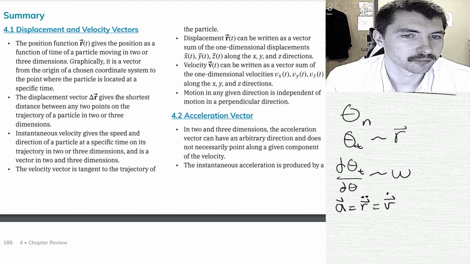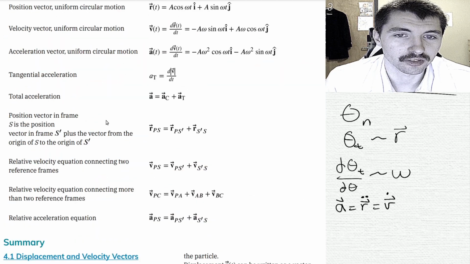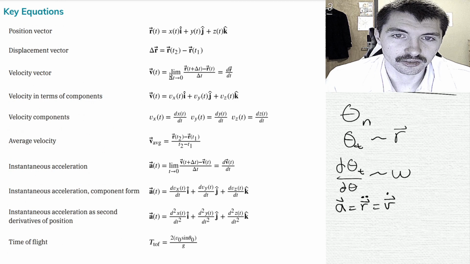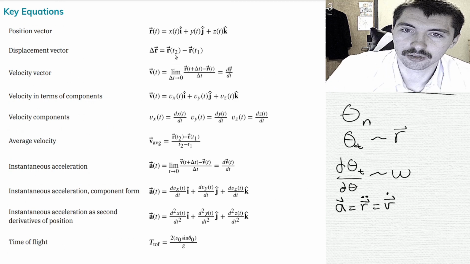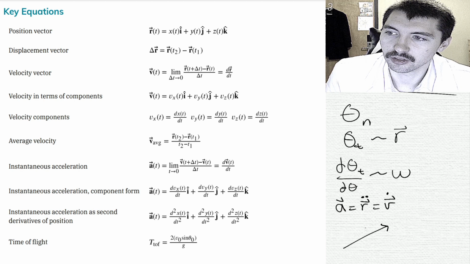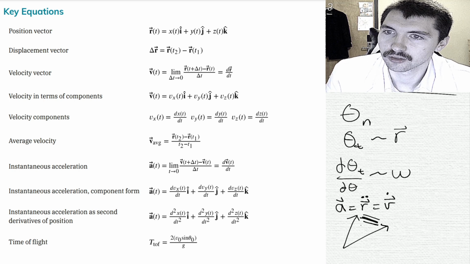That's pretty cool. We really like shortest distances. So if you have a vector this, and then you have vector this, you want to know what is this shortest distance.